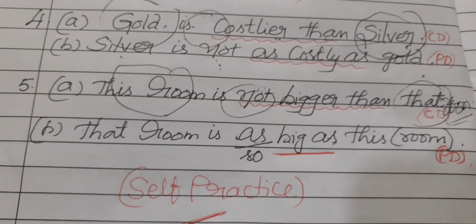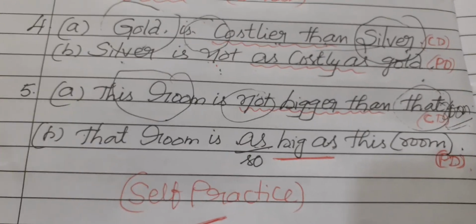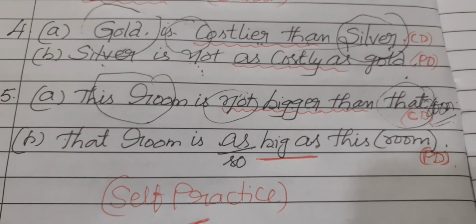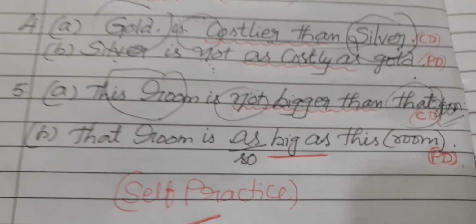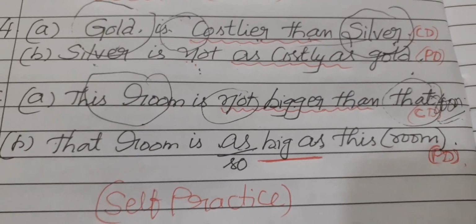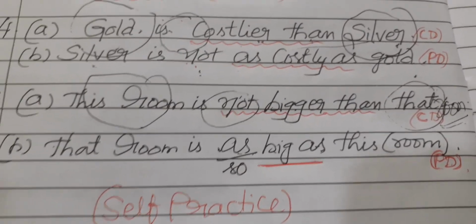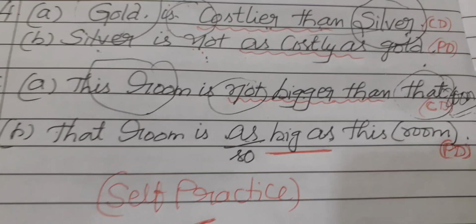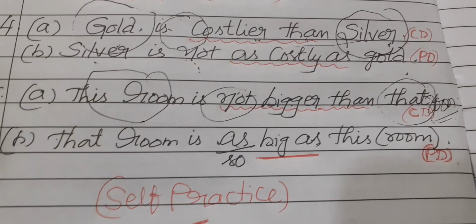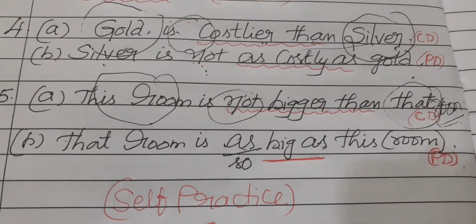Kodaikanal is not as beautiful as Ooty. Like that, you take many more examples. Australia is more powerful than England. Indian team is more powerful than Pakistan team. Like that, you take many more examples from your day-to-day life, from our materials and newspapers and magazines and textbooks also. You do self practice.